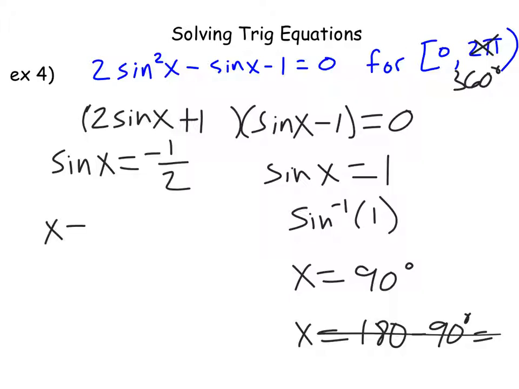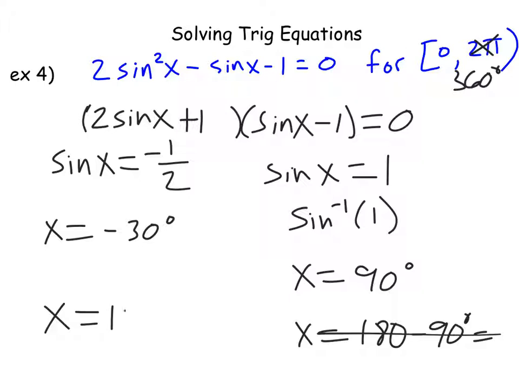For example, if you were to do inverse sine of negative 1/2, the calculator is going to give you negative 30 degrees. Notice that's not in our interval, and it's not a solution that we want.